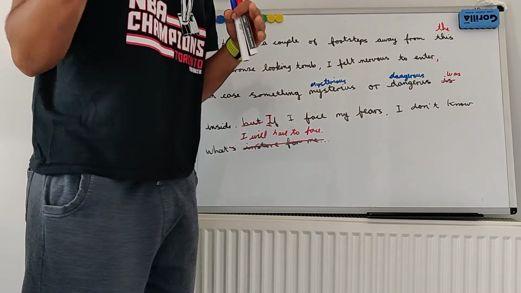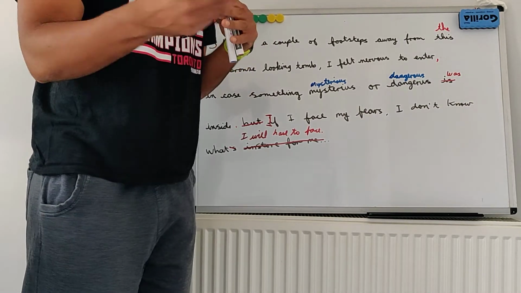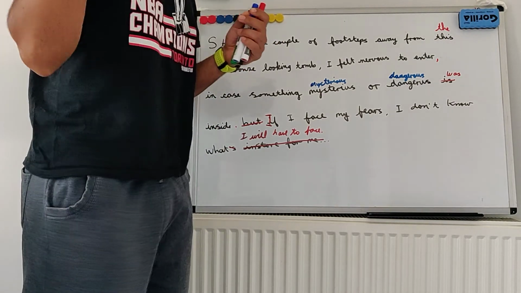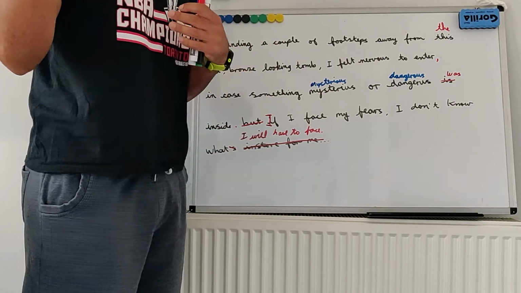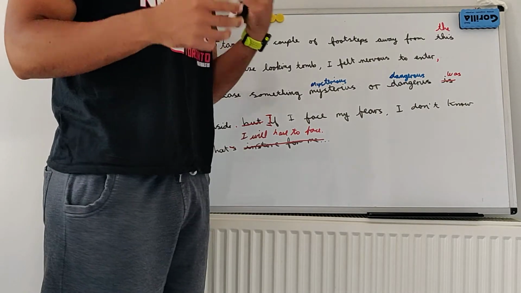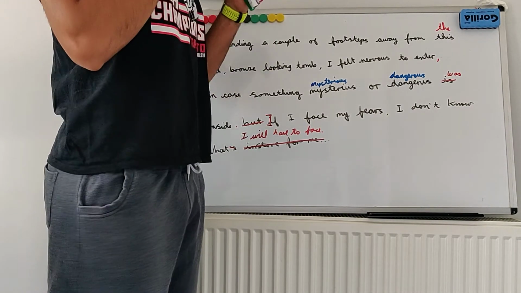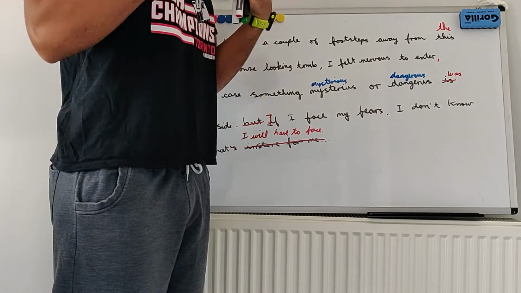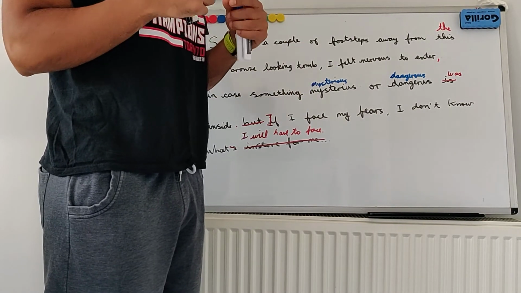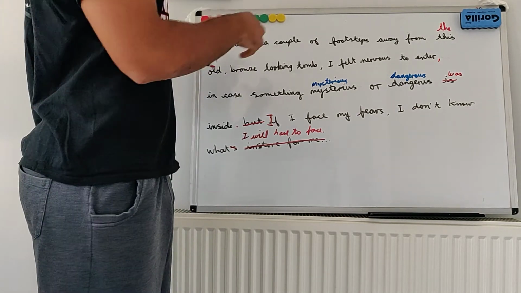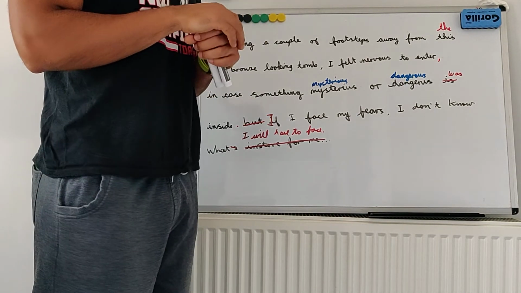You can use your dictionaries, you can use your online resources, you can use thesauruses, you can read to the wall, you can read to your parents, you can read to your brothers, sisters, you can read to anyone to make sure that when you are saying it out loud, does it sound correct? Because if it doesn't sound correct, then it's most likely that you have made a grammatical mistake somewhere along the lines.